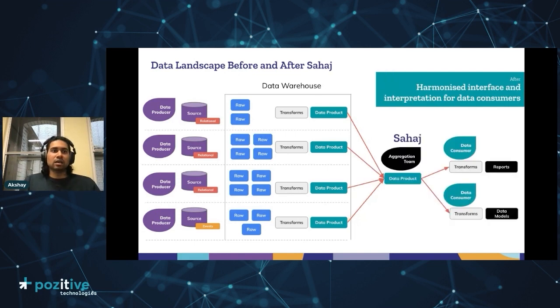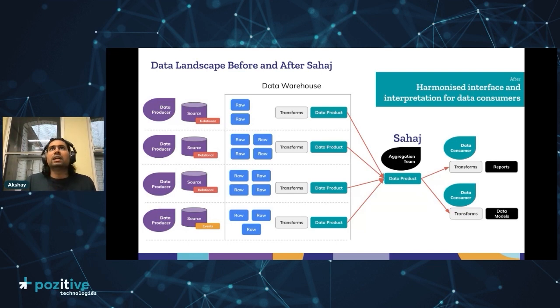Then once we started working with the data producers, we became part of this aggregate data team, who was basically aggregating data from the different data sets made available from those source systems, and then building a consistent view across them.